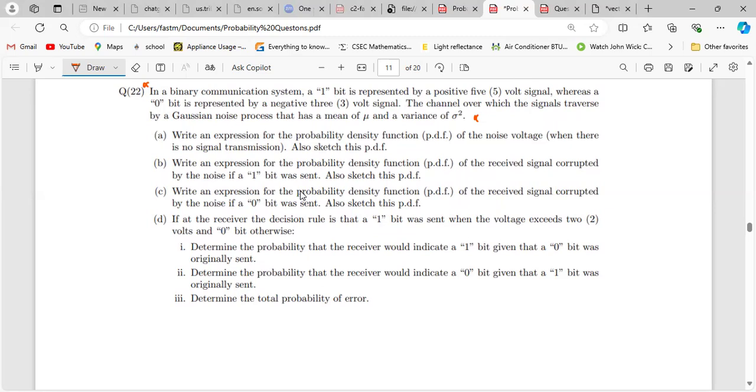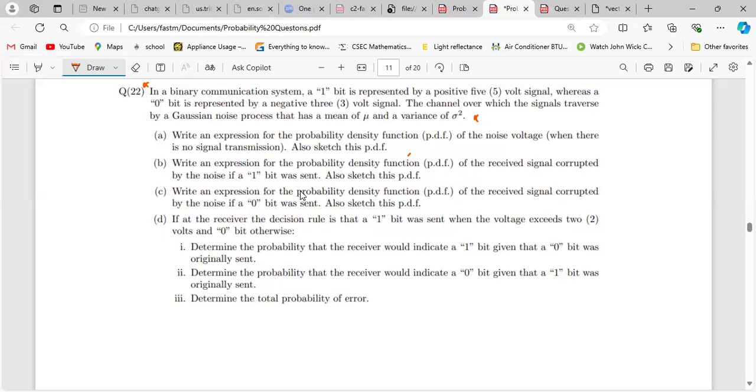If 5 volts come in, they'll read it as a 1, whereas a 0 bit is represented by a negative 3-volt signal. With that, we know that there will be noise in the process. When the voltage comes in, you will have some noise in it.